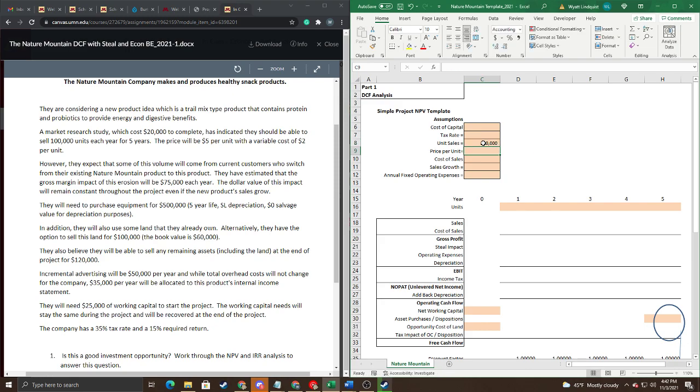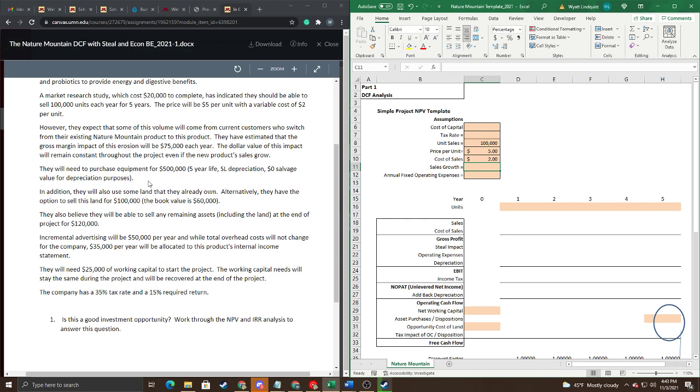So we're going to write down 100,000, which is our unit sales. Now, of these 100,000 units, the market research says the price will be $5 per unit, and the variable cost will be $2 per unit. So we write down that.